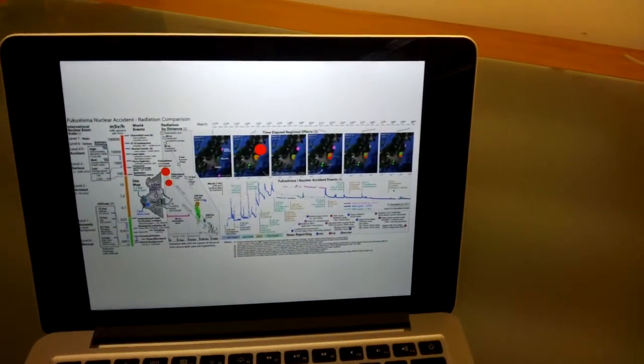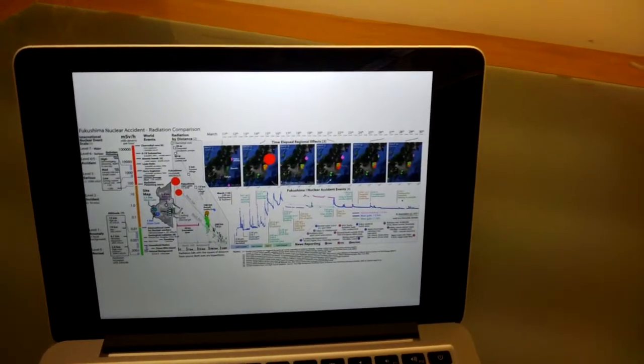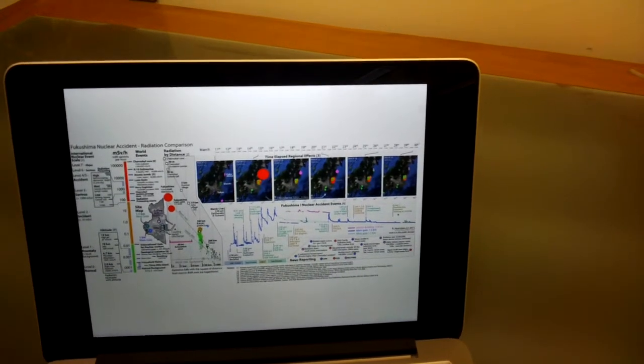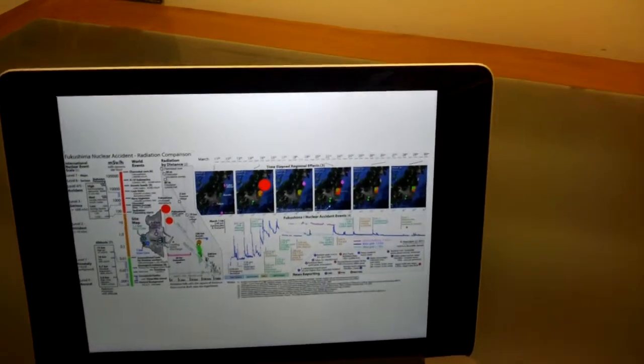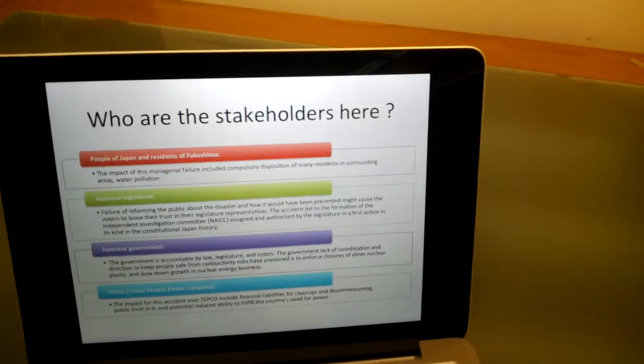At one point in time, all nuclear plants were shut down for maintenance or decommissioning within the last 3 years. Nuclear energy accounts for almost 30% of the energy for Japan.